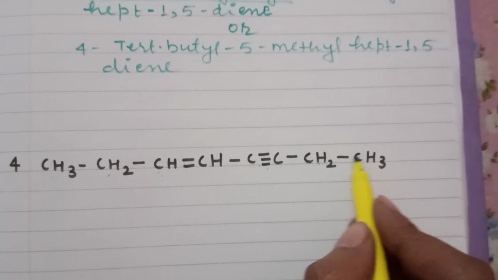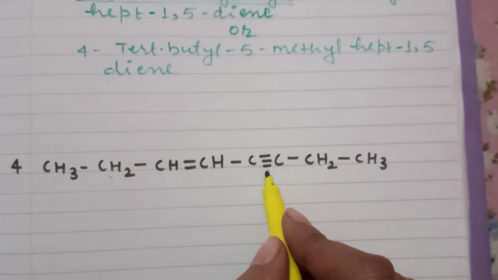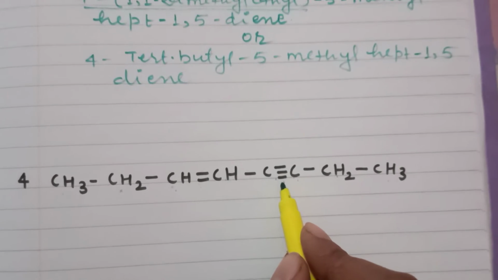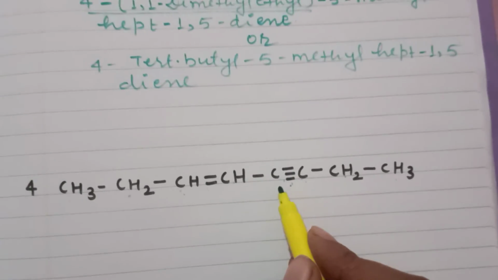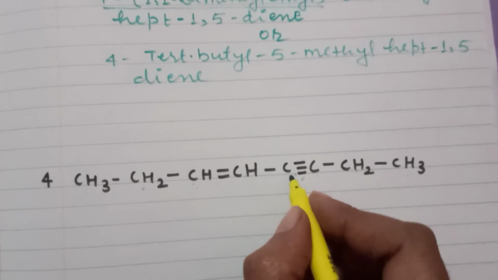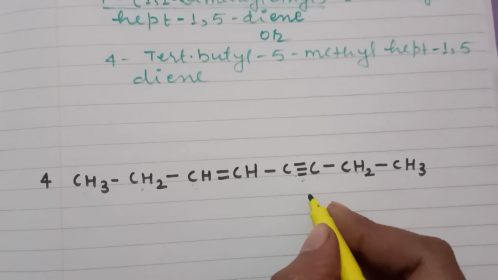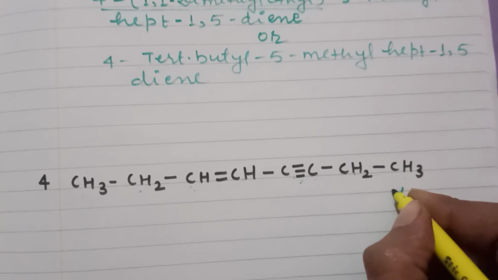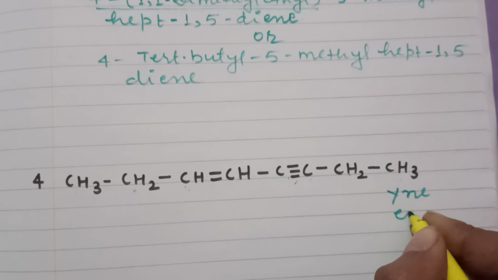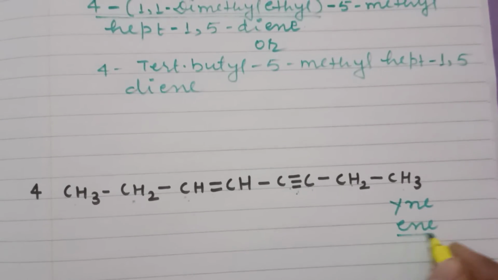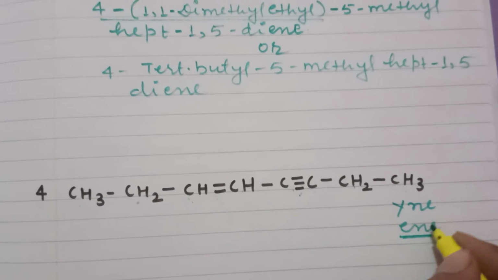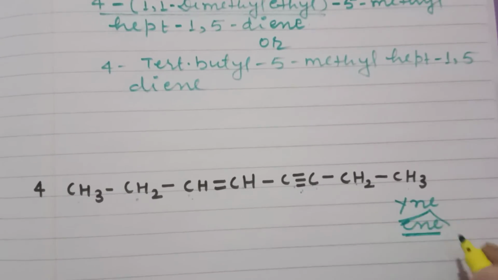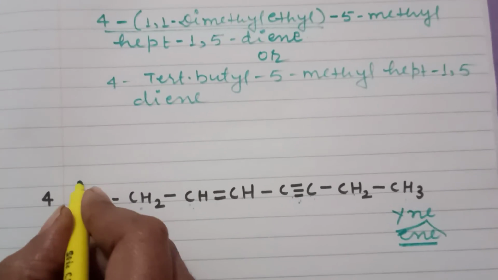And from this direction 1, 2, 3, the third carbon has the triple bond. Priority is always given to the double bond, because in alphabetic order yne and ene, which comes first? Ene. So priority is given to the double bond, and we will start numbering from this side.